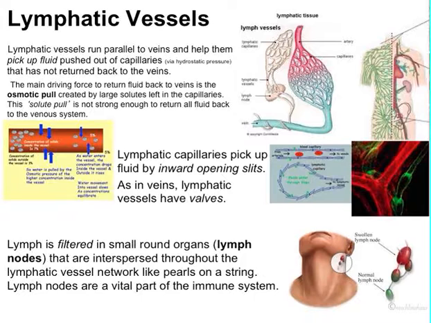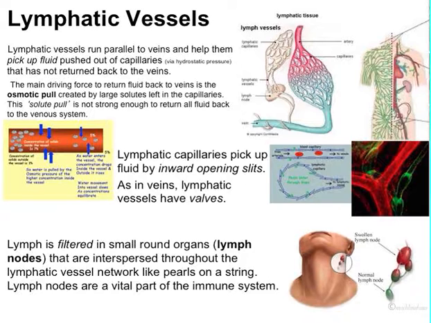And basically what we do is we have certain large molecules, solutes, that are left in the capillaries. And when the fluid gets less on the inside of the capillary, those large solutes will pull the fluid back to the venous system.